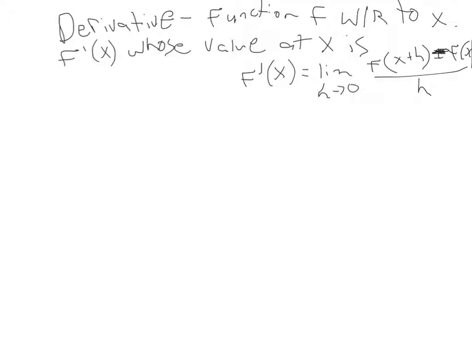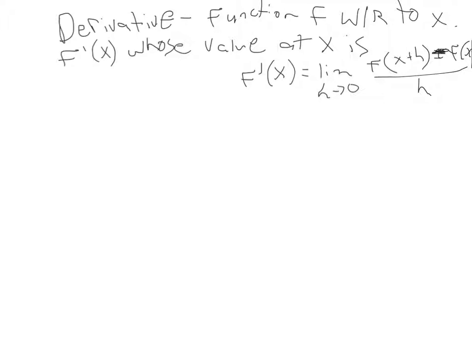A function that is differentiable at every point in its domain is said to be a differentiable function. So we will talk about being differentiable at a point, and we will talk about a function being differentiable. In order for the function to be differentiable, the derivative has to exist at every point in the domain of that function.